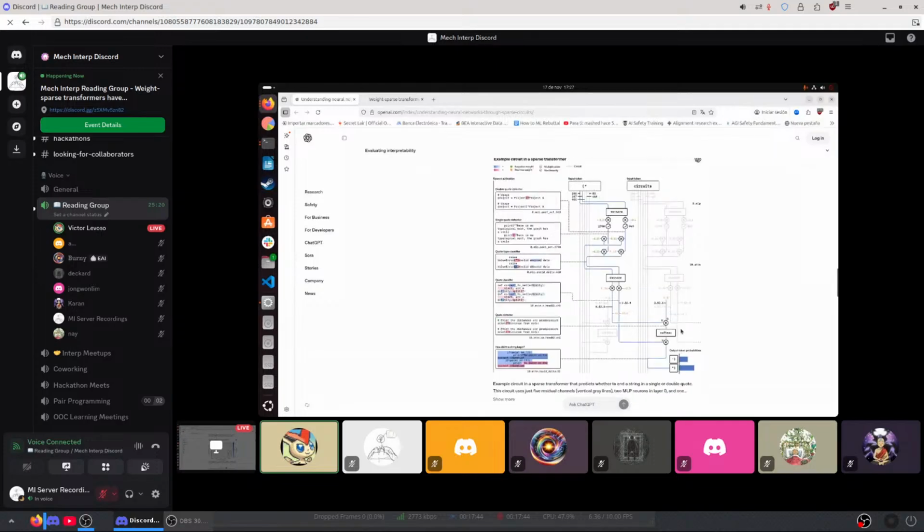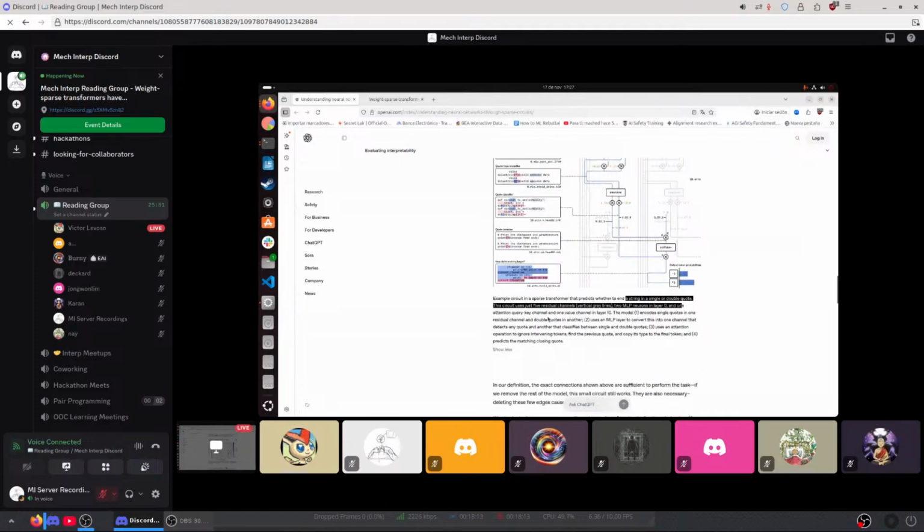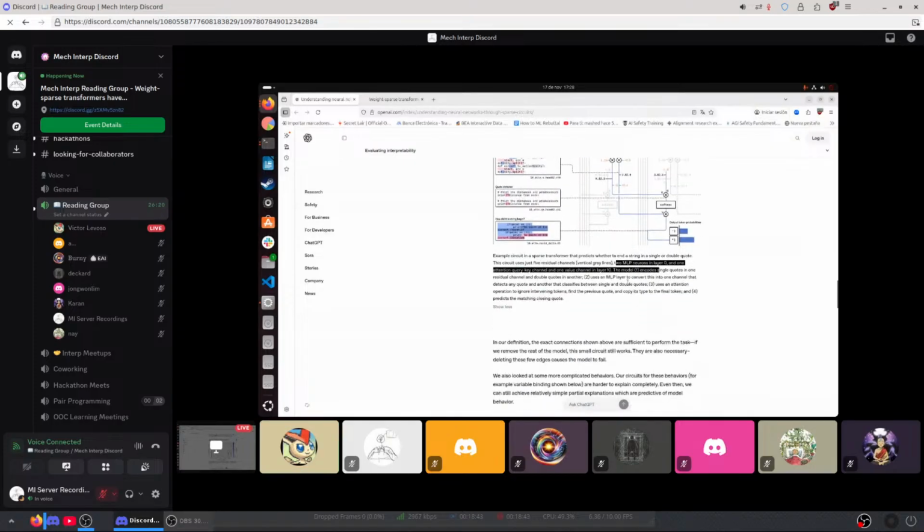So they make this graph, and this is cool. It's really cool if you only have a few numbers and they do something interpretable.